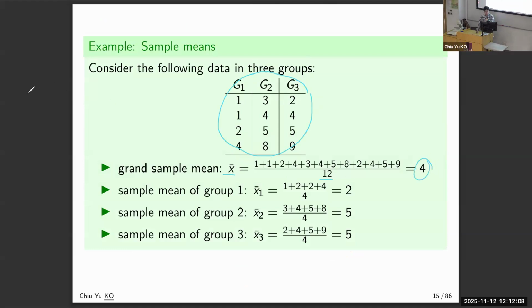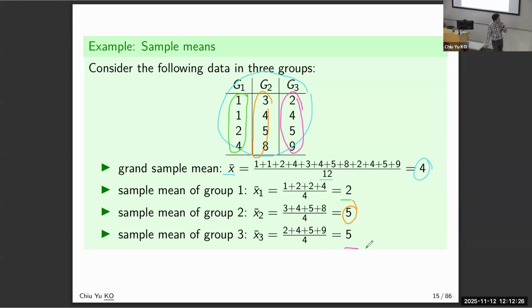If you look at this number divided by 4, add up together, then it's X bar 1. You add this thing divided by 4, it is 5. You add all this divided by 4 will be 5 as well. So this is how you get all these means. So that should be okay.